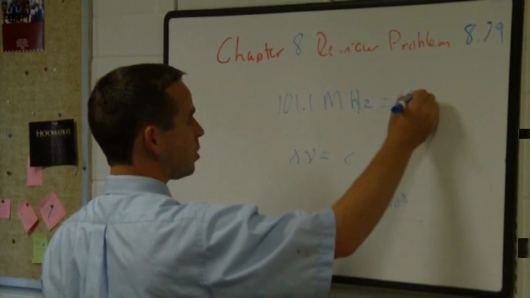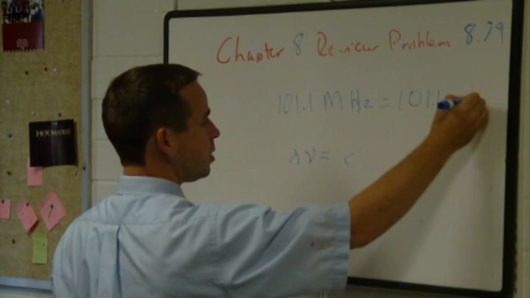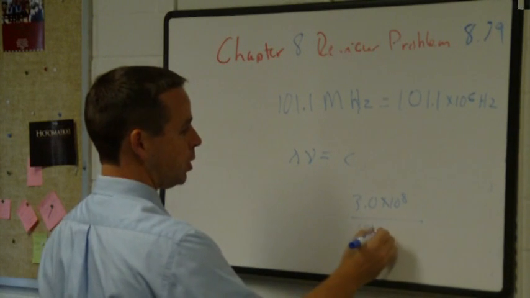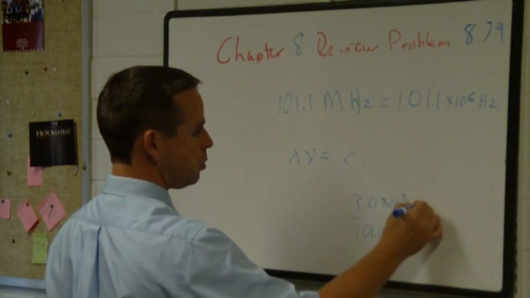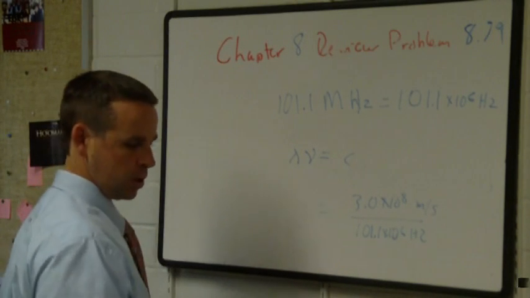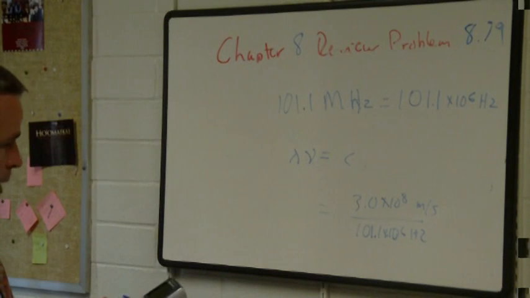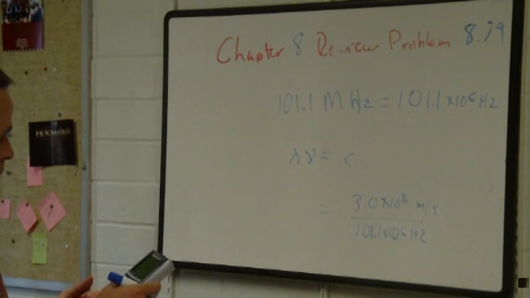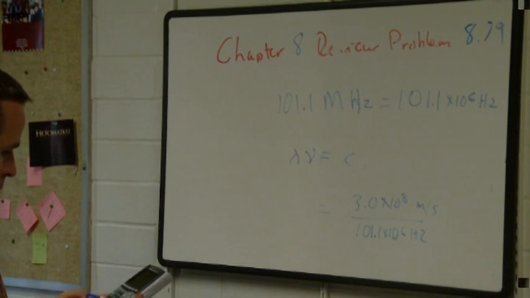101.1 megahertz is 101.1 times 10 to the 6th hertz. So we divide the speed of light by 101.1 times 10 to the 6th hertz. This is meters per second, and that'll give us our answer in meters. So we have 3.0 times 10 to the 8th divided by 101.1 times 10 to the 6th.